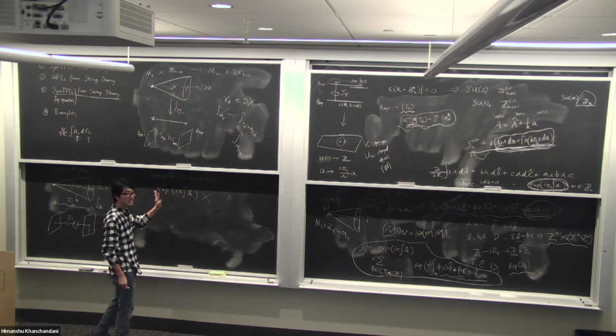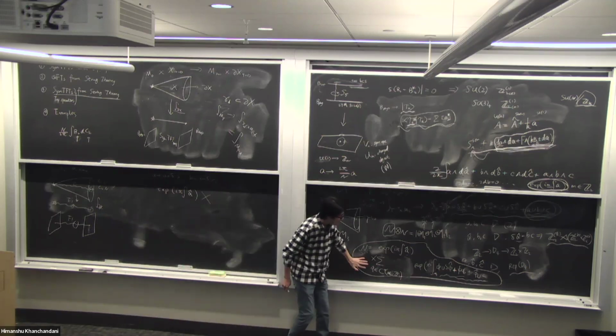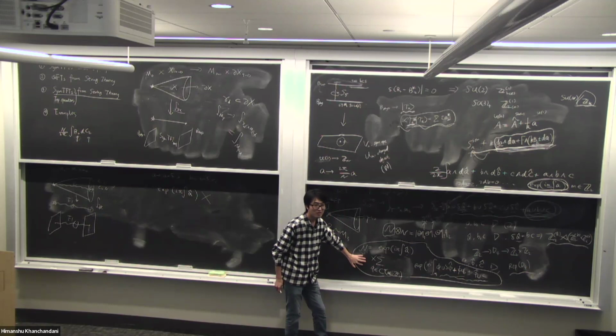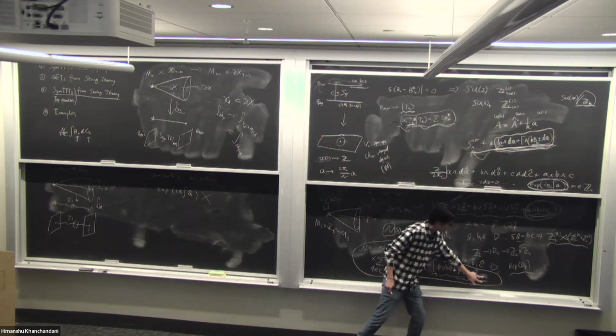If you want to build a gauge invariant operator dependent on A hat, this is the only choice you can have, because the gauge transformation rule for A hat is coupled with the B and C fields.